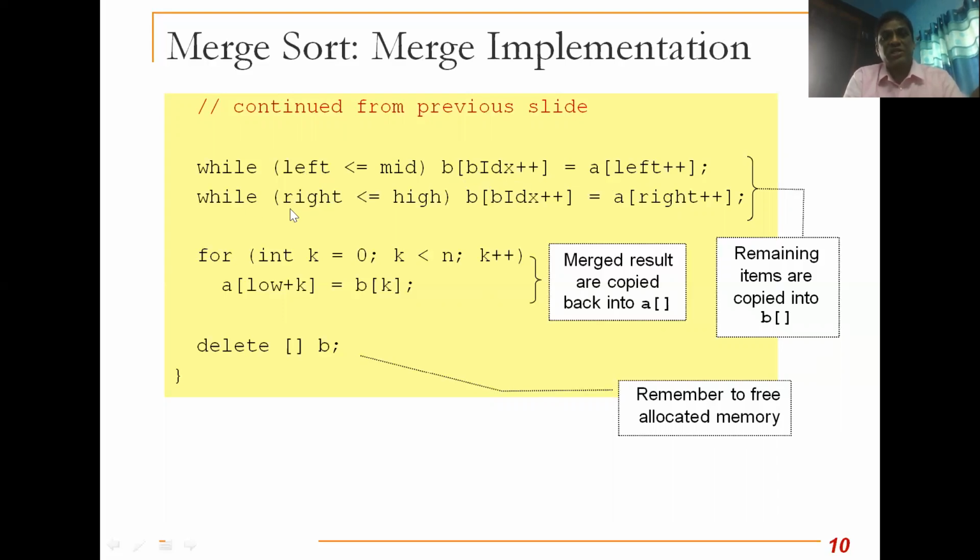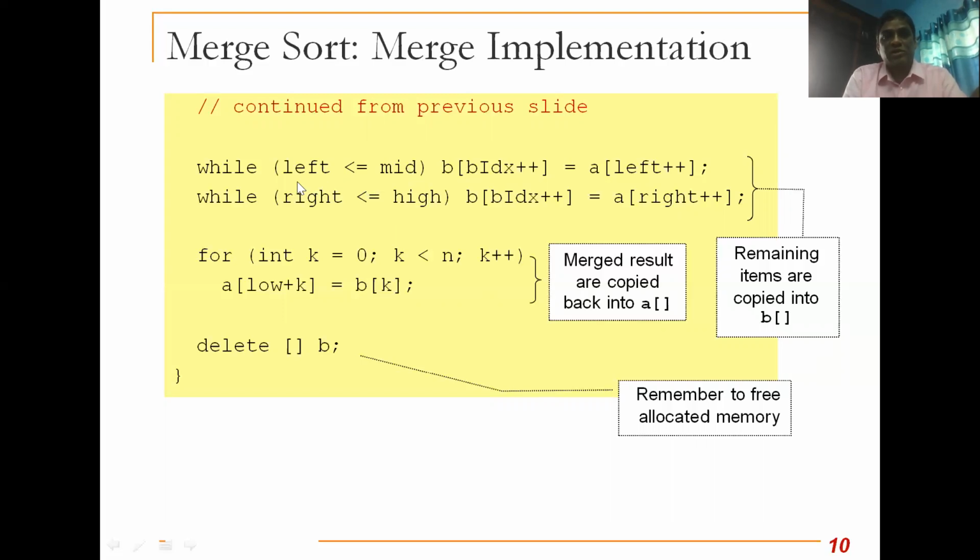And if this condition is satisfied, it means there are elements in the second list. Right less than or equal to high means the second list is having some elements. Therefore, copy all the elements from the second list into the array B. So by using either this one or this one, only one of them will be performed, and the other fails here. Only one of them will be true.